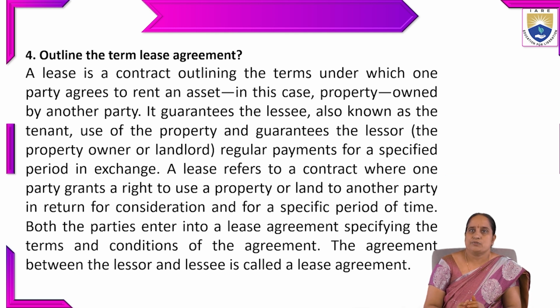So a lease refers to a contract where one party grants the right to use a property or land to another party in return for consideration and for a specific period of time. Both the parties enter into a lease agreement specifying the terms and conditions of the agreement. The agreement between the lessor and lessee is called a lease agreement.